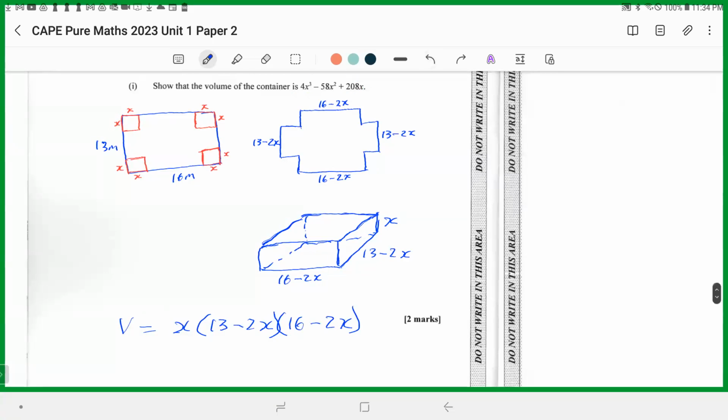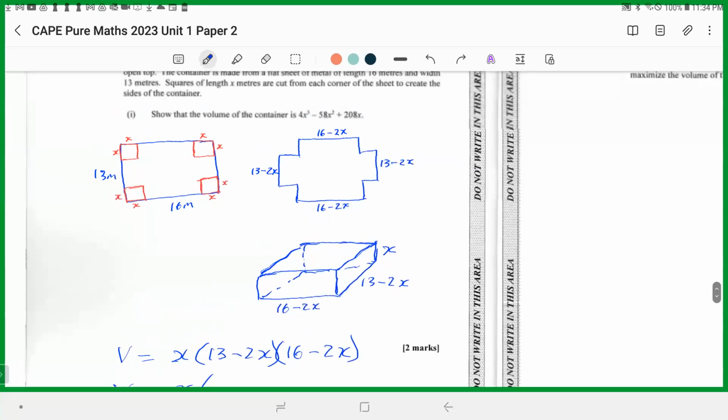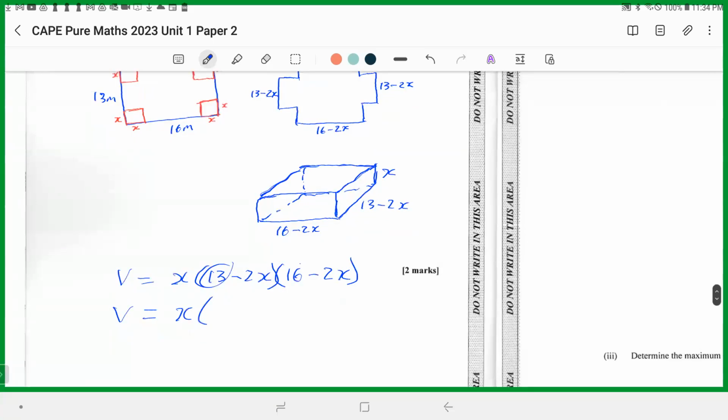All right, let's expand. Equals x into, we're going to multiply these two first. 13 times 16 is 208. And then the middle term is the far product and the near product.